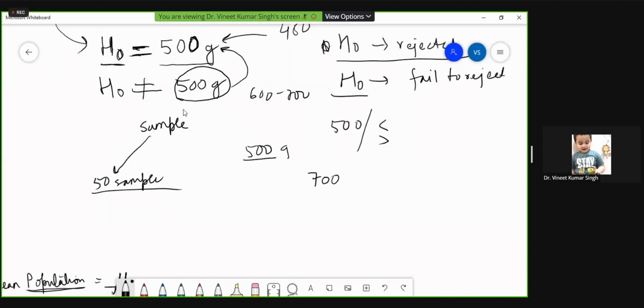Okay, कोई नहीं. So first is two-tailed test. So this is two-tailed test.